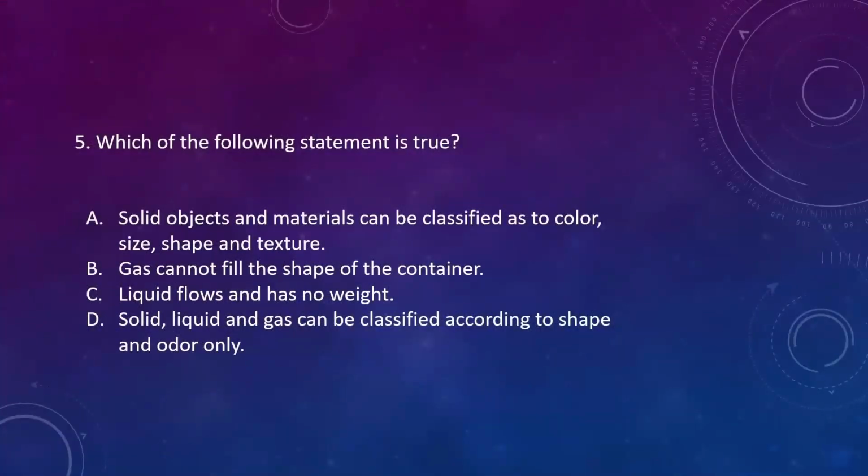What's your answer? Letter A. Solid objects and materials can be classified as to color, size, shape, and texture. This is true.